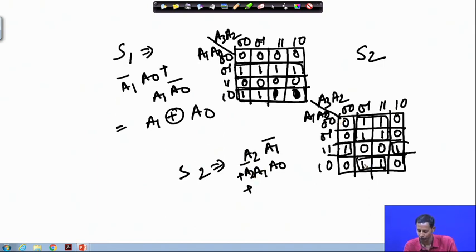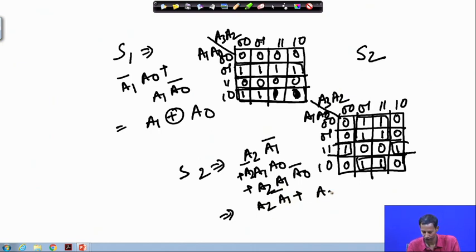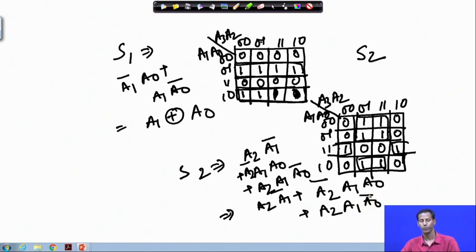And for these two particular cases, it will be A2 and then A1 A0 bar. So now what I can write is A2 A1 bar plus, if I freshly write the corresponding expression, A0 bar.